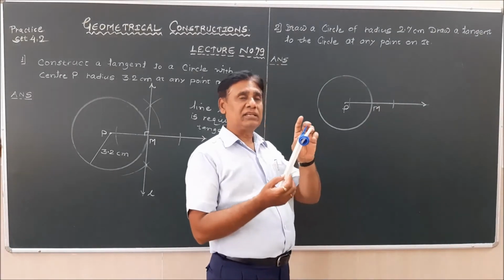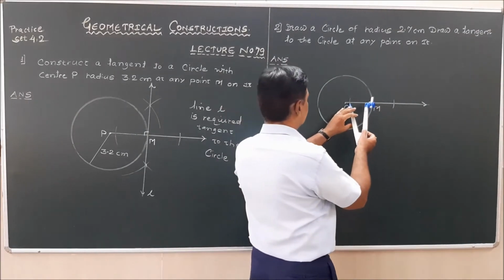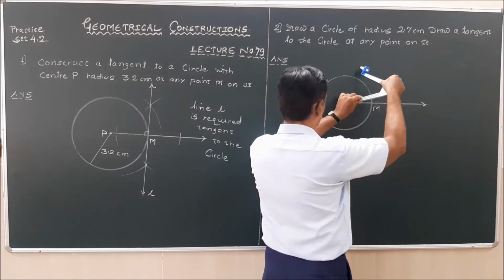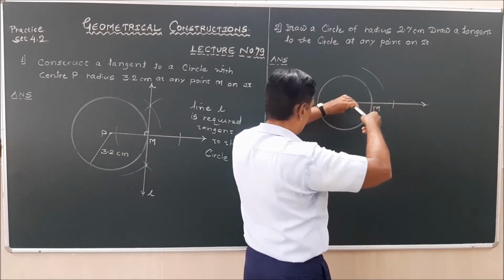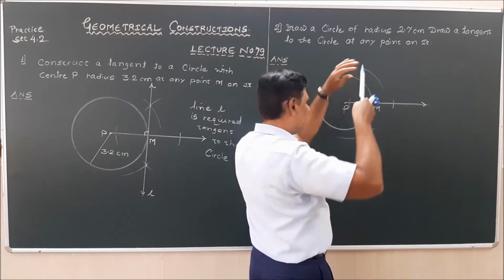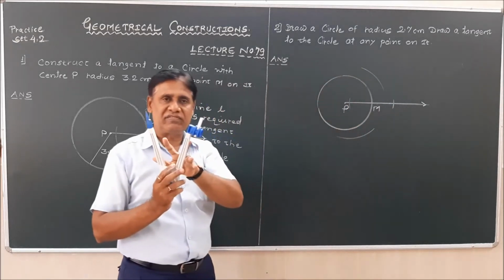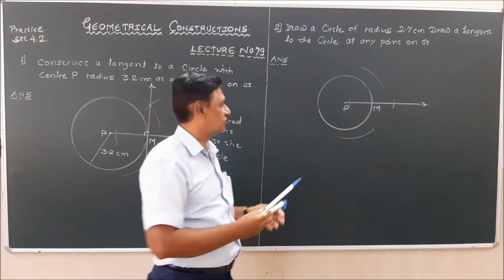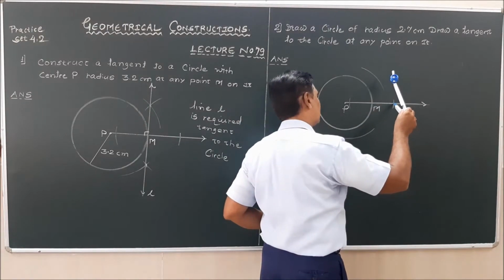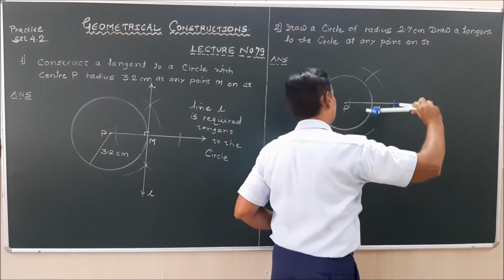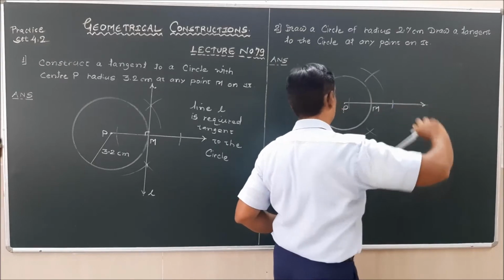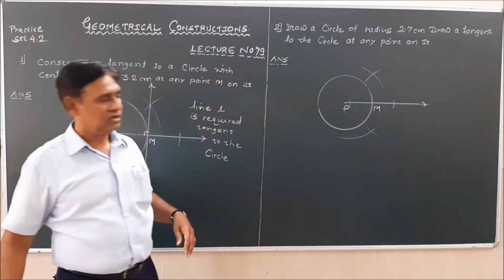Now placing the metal point on the left hand side, take a distance more than half and draw two arcs, one above PN and one below PN, without changing this distance. This is a very important thing in this construction. Place the metal point on the other arm and draw arcs intersecting the previously drawn arcs.